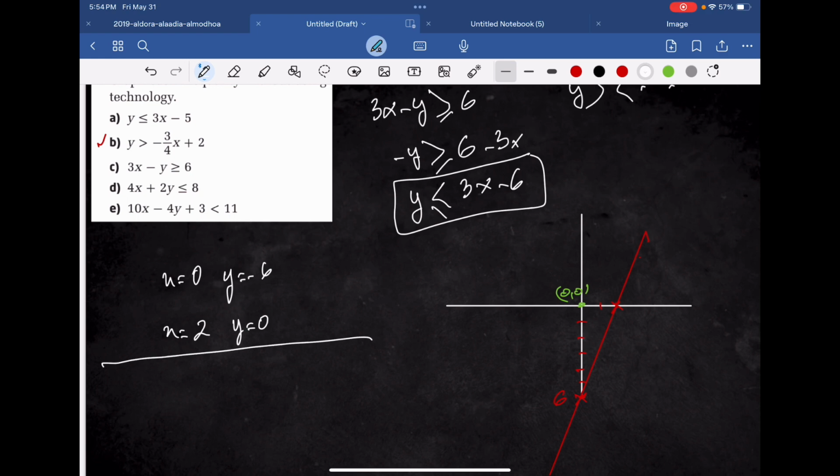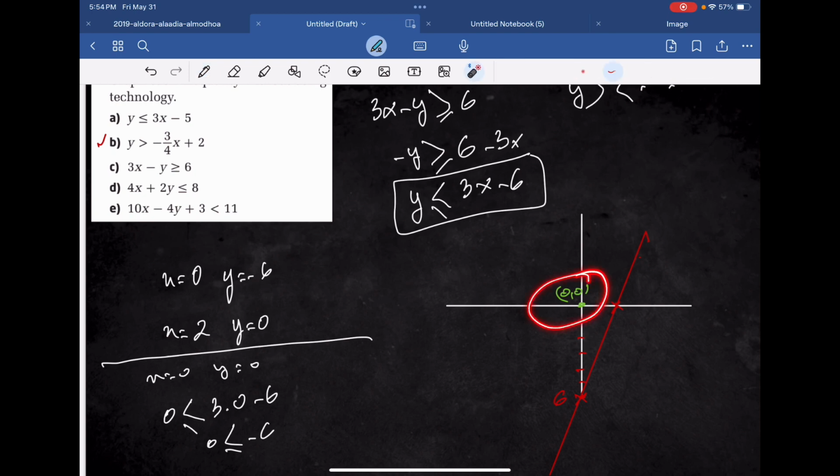So if x equals 0 and y equals 0, my equation will be: is 0 less or equal than 3 times 0 minus 6? Is 0 less than or equal to minus 6? No, so this point is not included.